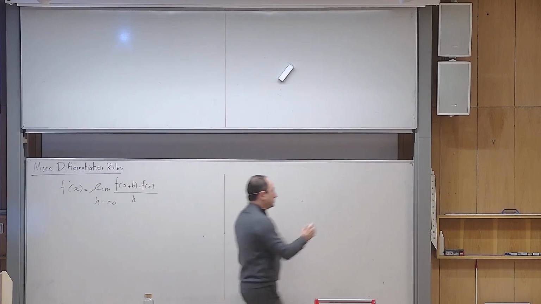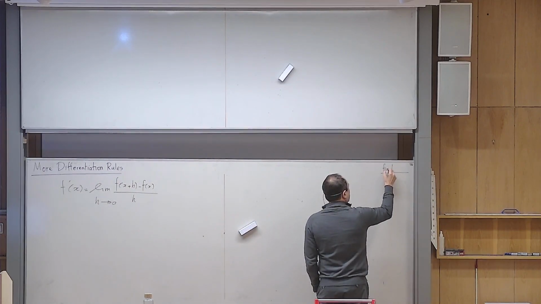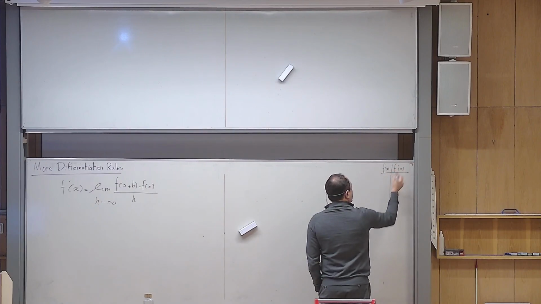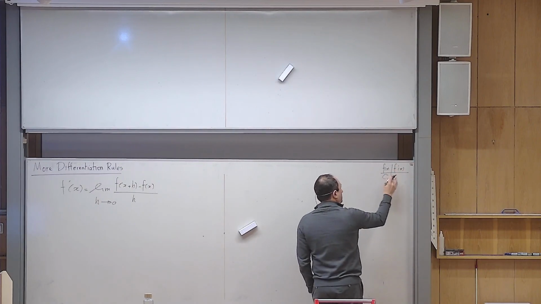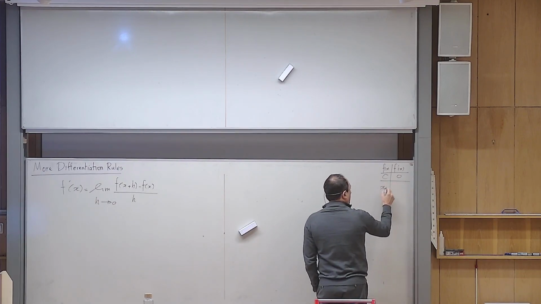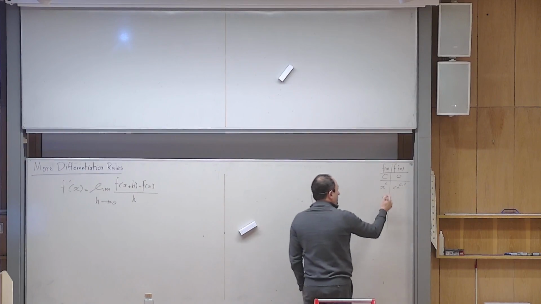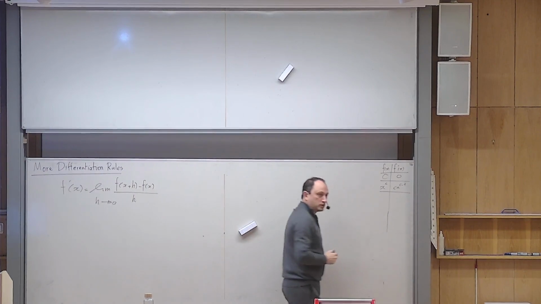For example, if you have f of x, f prime of x, we saw that if I have a constant function, its derivative is 0. If we have x to the power of, say, a constant, the derivative is this one. And then we want to add more functions to this table.